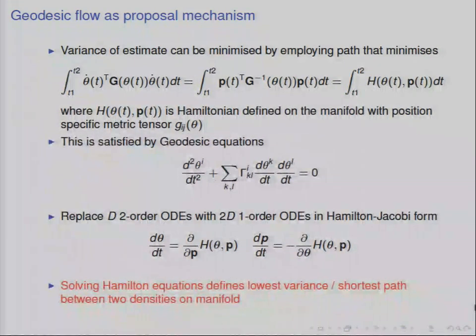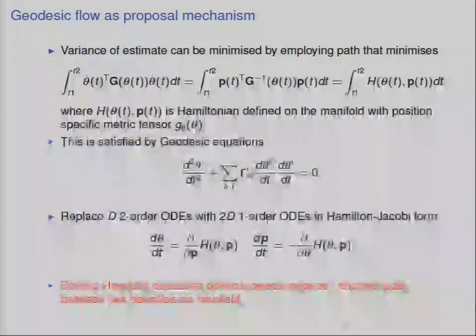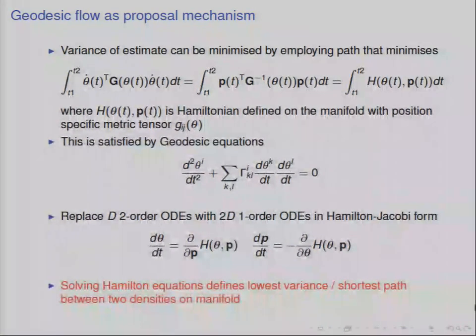And that's a property that we really need. But the other property now is that those proposals are actually going to be following the geodesics defined by the metric. And that's the problem with Hamiltonian Monte Carlo, is that the metric is not defined properly.